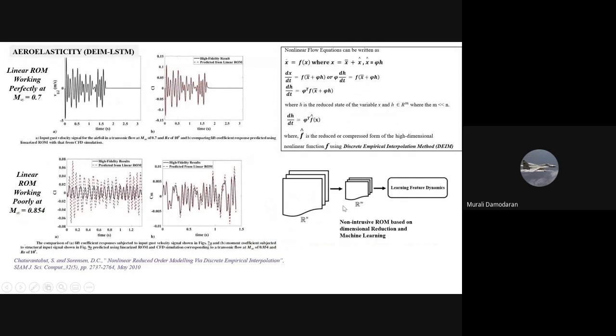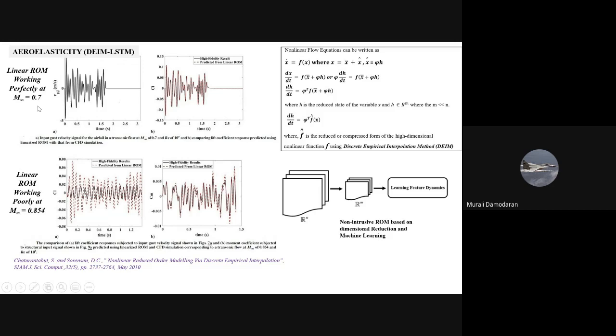Now, I'm using LSTM here, and I don't think I need to talk a lot about LSTM because Professor Madhukar already talked about it. Here, I'm using a reduced order model called the discrete empirical interpolation method, DEIM, and I couple it with an LSTM to address an issue we face.